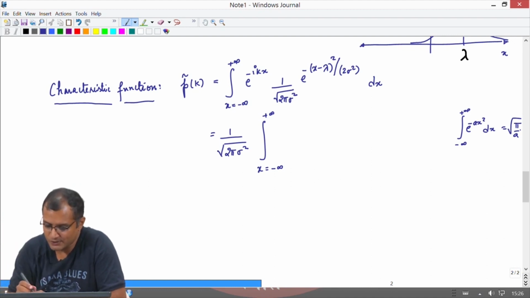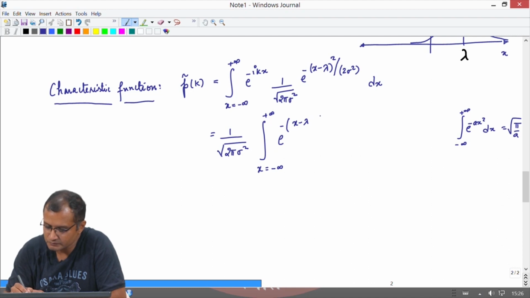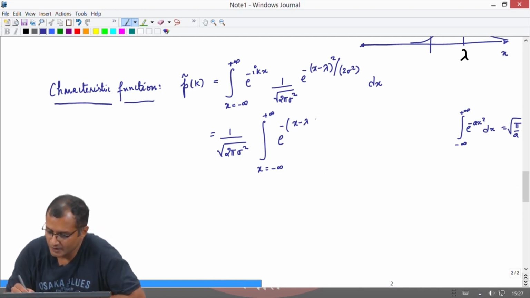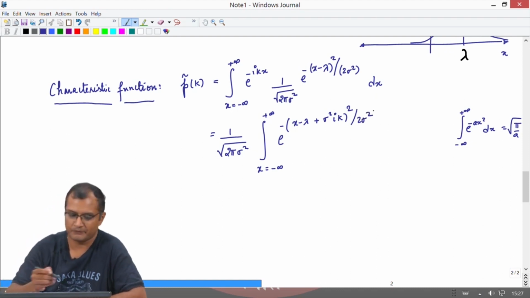I am going to combine these two exponentials and write down a single exponential with power x minus lambda the whole square plus sigma square i k to the power 2 by 2 sigma square. Okay.